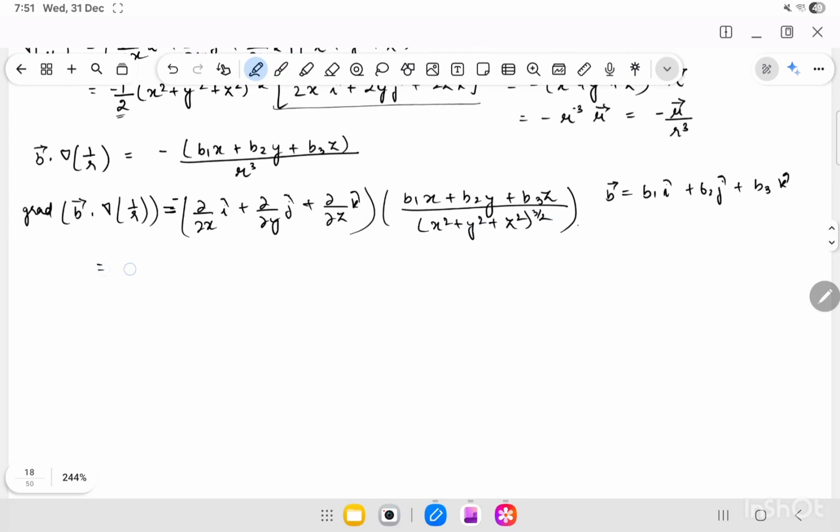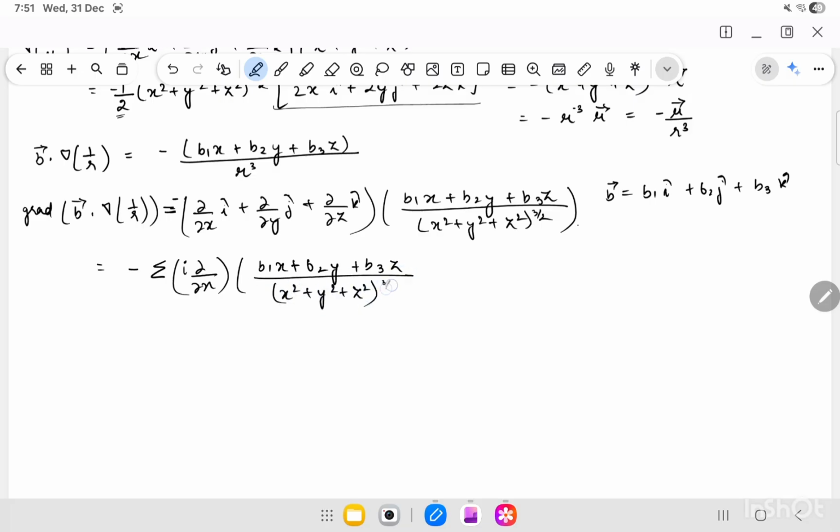So it will be equal to minus summation i of del by del x times (b1 x plus b2 y plus b3 z) divided by (x square plus y square plus z square) raised to 3 by 2.